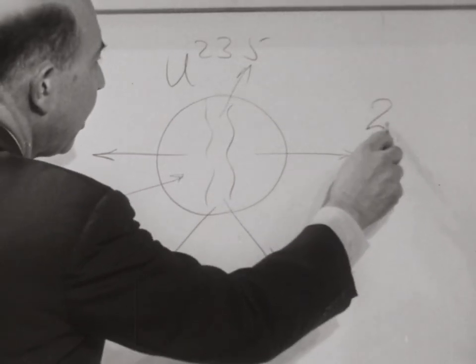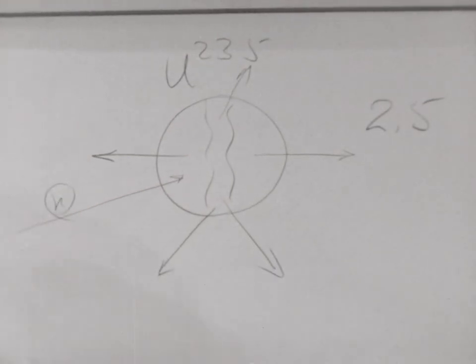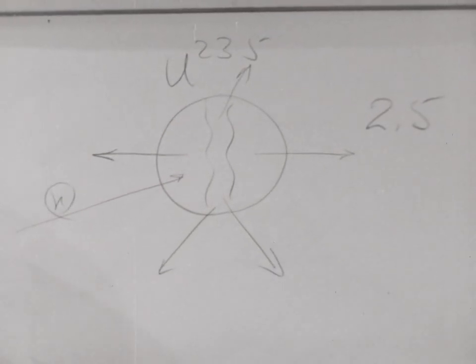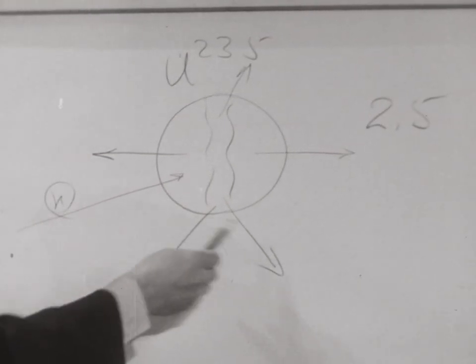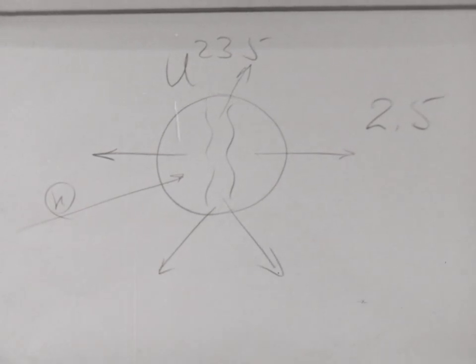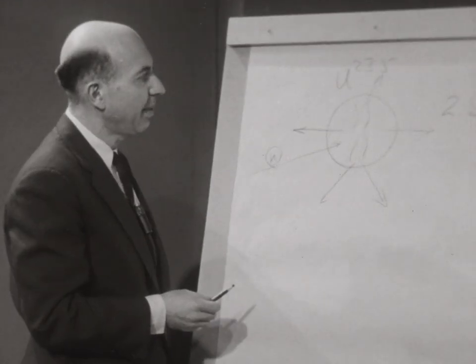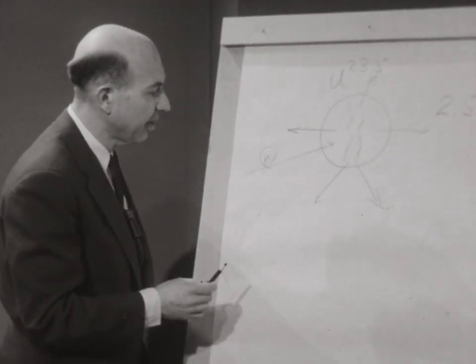On the average, there is an emission of 2.5 neutrons per fission. What this means is that some of the fissions that take place release 2 neutrons, others produce 3, and there are about an equal number of each, so that on the average, about 2.5 neutrons are emitted per fission.